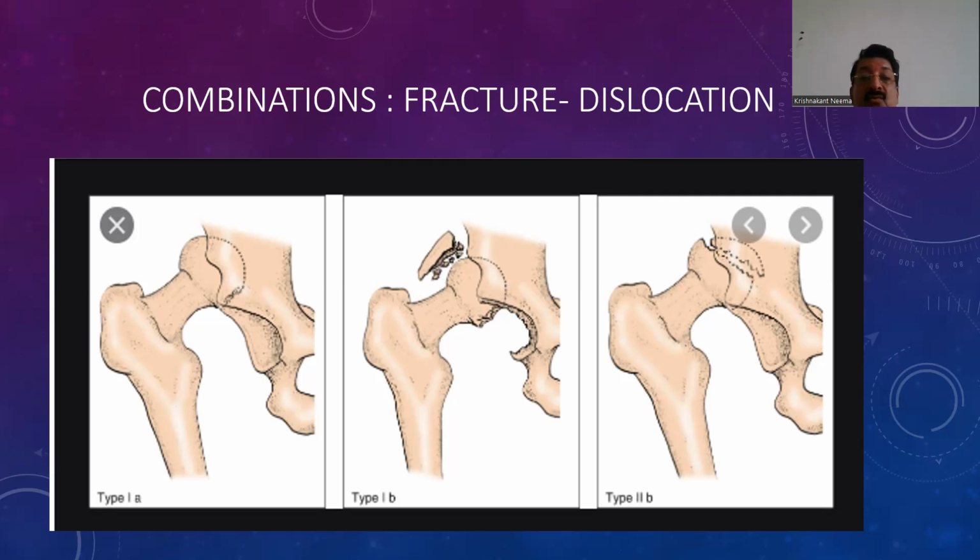There are three pictures on the screen, 1, 2, 3. All the pictures show, number one, there is a fracture of the femur head, and all these pictures show that there is also dislocation. That means the femur head has moved out of the acetabulum. So it is a combination of fracture and dislocation.